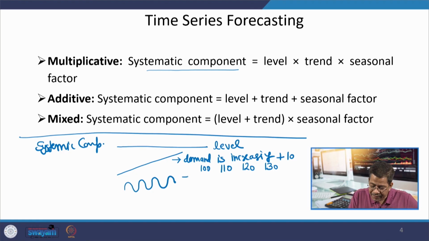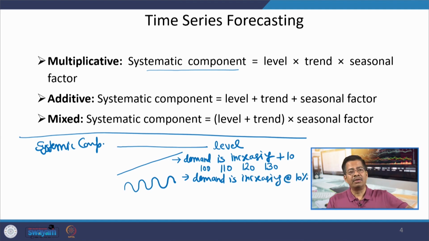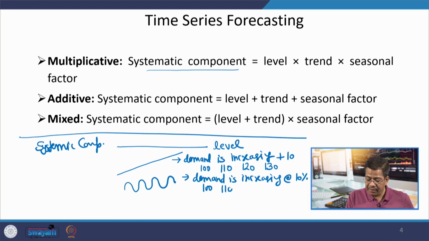Another way is demand increasing at the rate of 10%, that is also possible. So, initially if demand is 100, it becomes 110 and then 121 and then again 133 and so on.